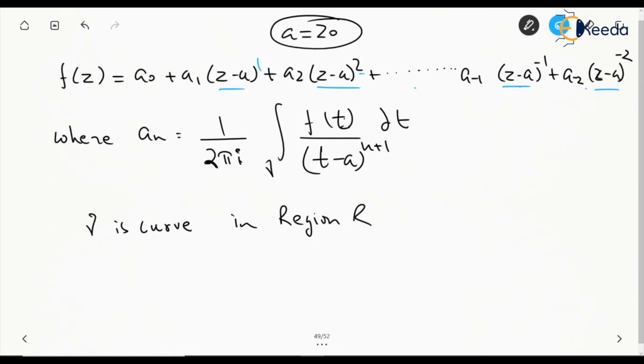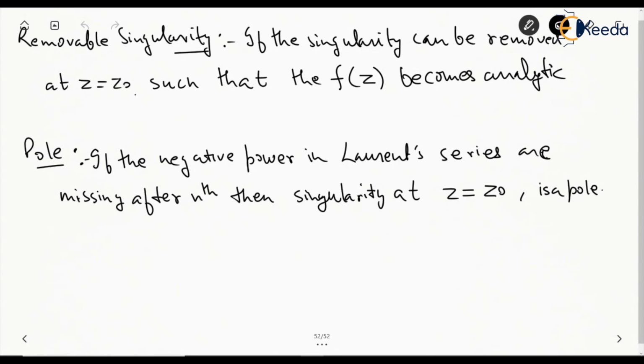So it will become 1 by z minus a, 1 by z minus a to the power 2, and like that. So if we have the last term as the nth term, let's say it is z minus a to the power n, then we can say that z equal to z naught is going to be the pole of that function, right? So for nth order it is going to be a pole of order n.